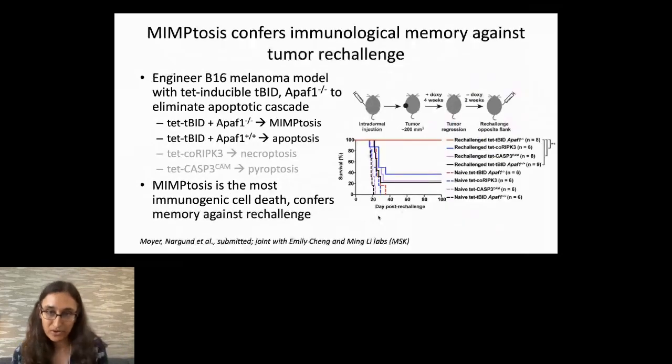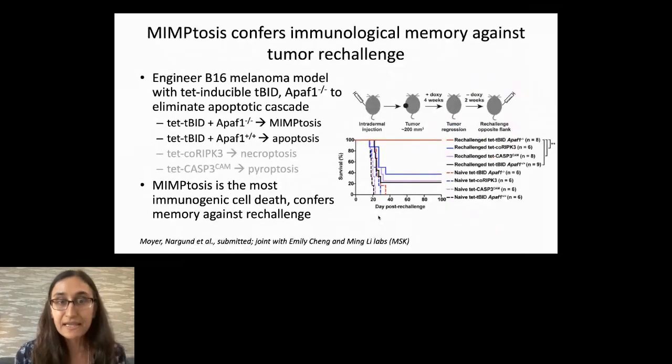And just a little bit more of the functional data, what Emily Cheng's lab did was engineer this well-used B16 melanoma model with TET-inducible truncated BID, in both wild type and APAF1 knockout. Okay, so in the knockout, if you give doxycycline, you induce tBID, you get MIMPtosis.